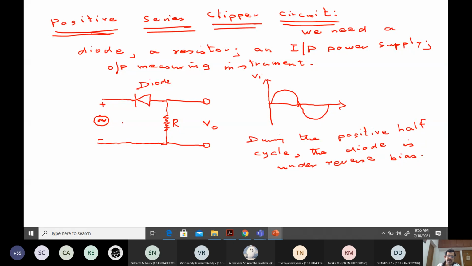One more thing that I wanted to tell here is that there is no bias involved here. It is only simply the diode, and for all practical purposes, let us assume for simplicity an ideal diode model.